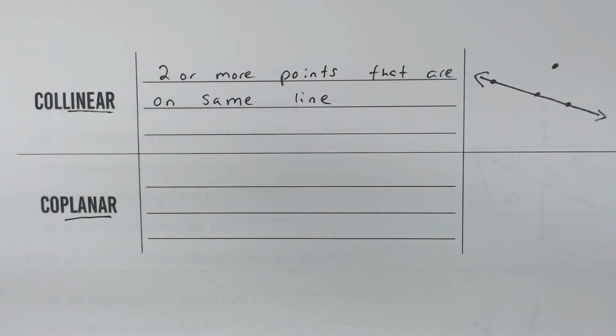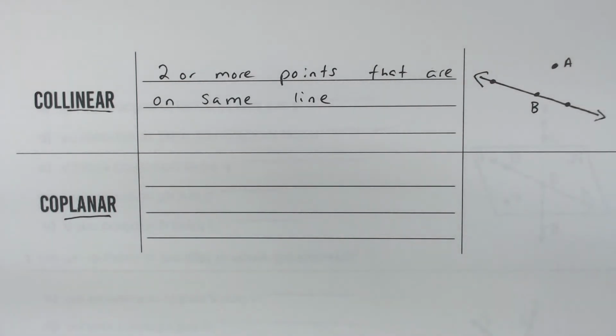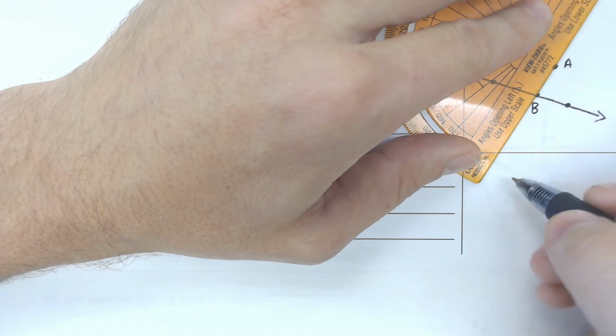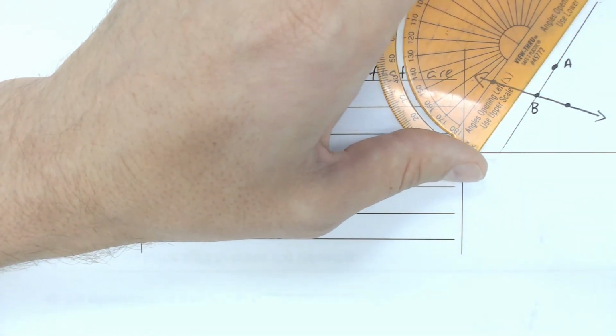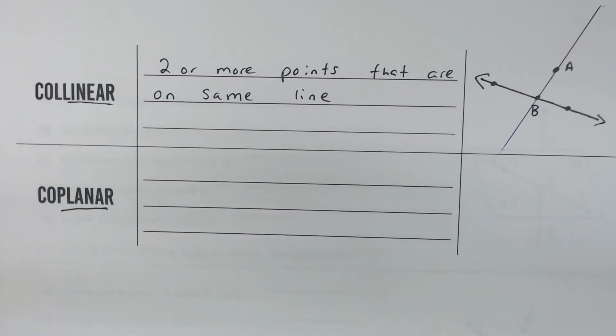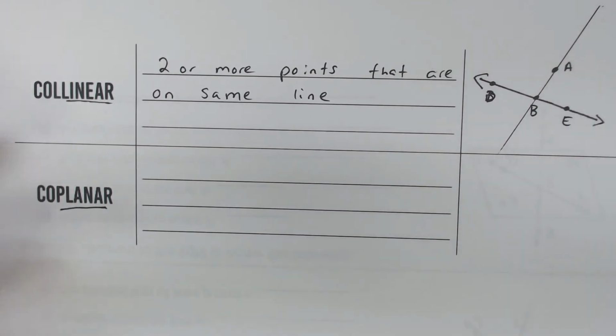But one important thing to take from that, though, is that this point is collinear with any one other point because you can always connect any 2 points to make a line. I could make a line here if I wanted to. So collinear normally involves a situation where you have a bunch of things going on and you're expected to just name some points that happen to fall on the same line, and it normally involves more than 2.